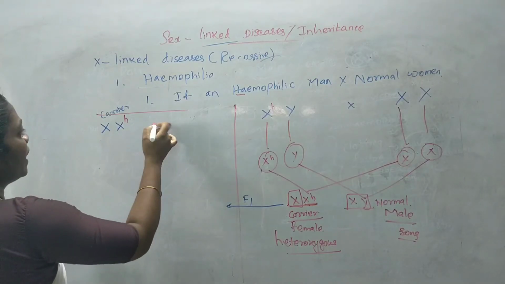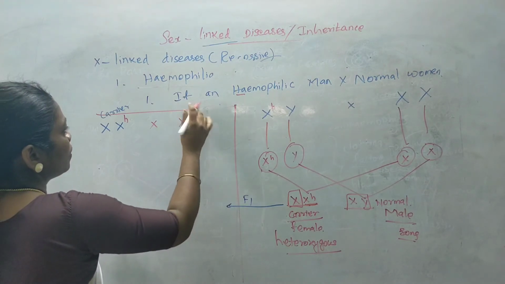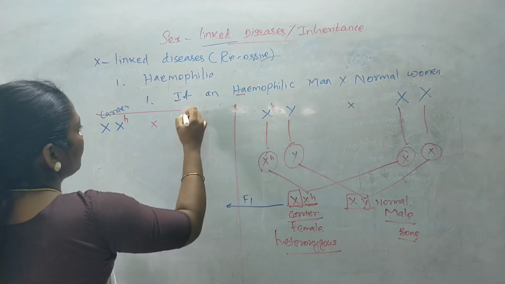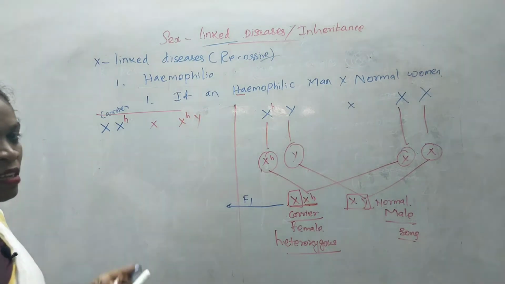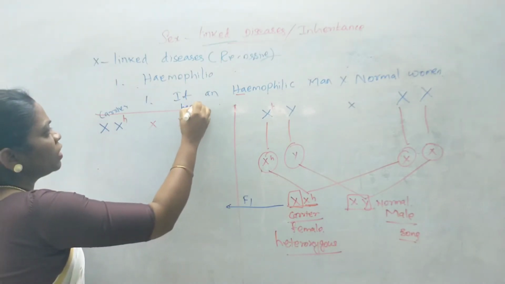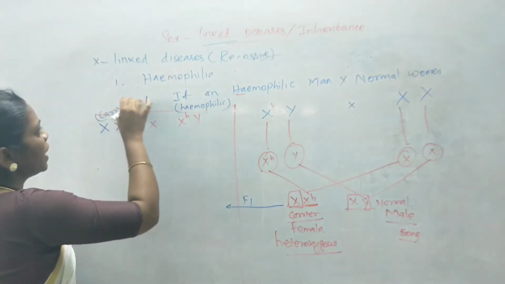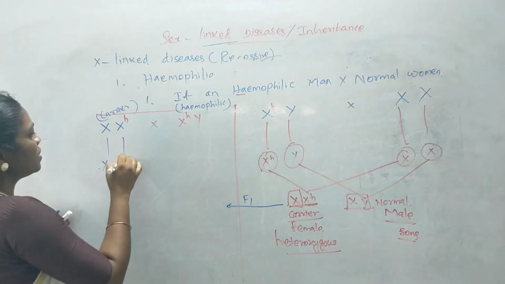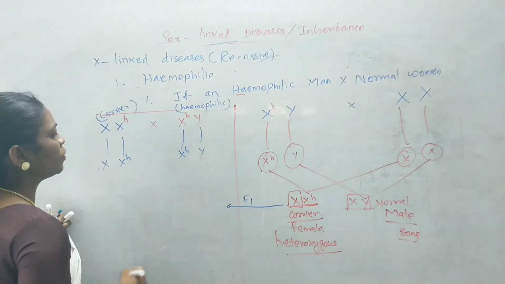Another case is where the carrier woman marries a hemophilic man. He is affected by hemophilia, which we mention as H. So I will write here, he is a hemophilic individual, and she is a carrier woman. She will produce one X here and one X here, and again a Y chromosome.